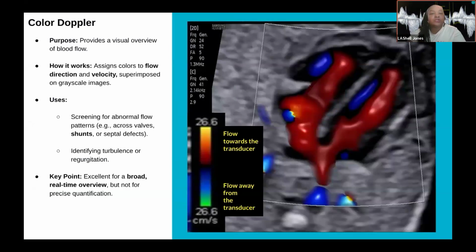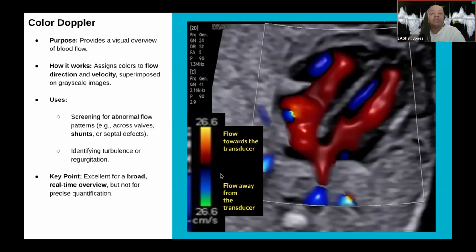Now, the purpose is to provide a visual overview of the blood flow and how it works. It assigns the flow direction and velocity. So I provided a scale where you can see above the baseline here, the flow towards the transducer is all in the red color.